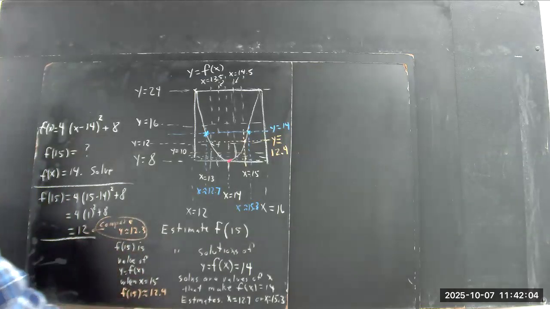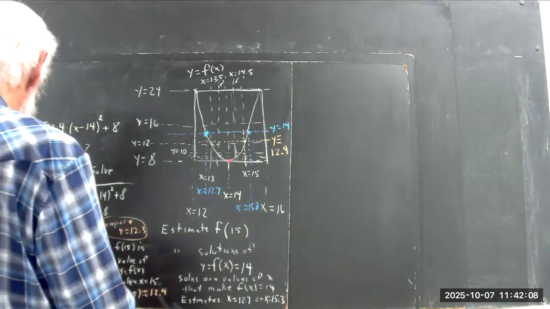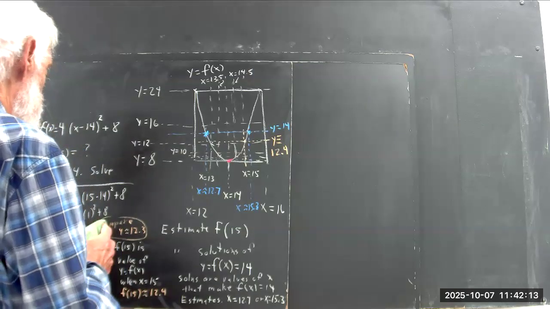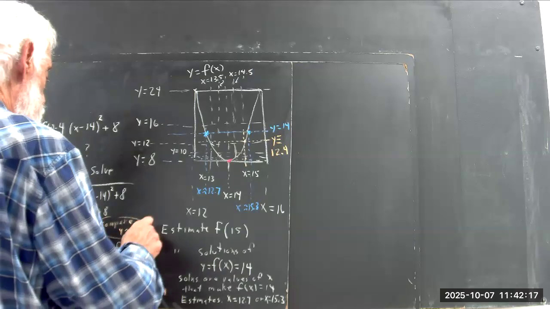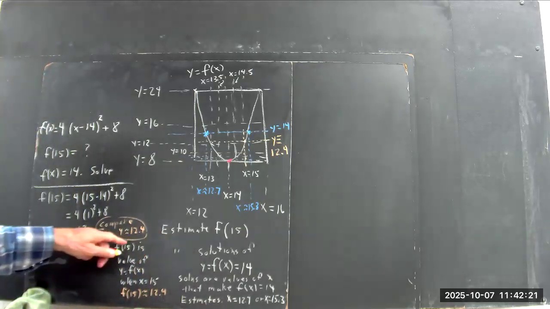And we compare that with our estimate y approximately equals 12.4, wasn't it? 12.4. And we find that for a hand sketch graph, that's not bad. We're not off by all that much.